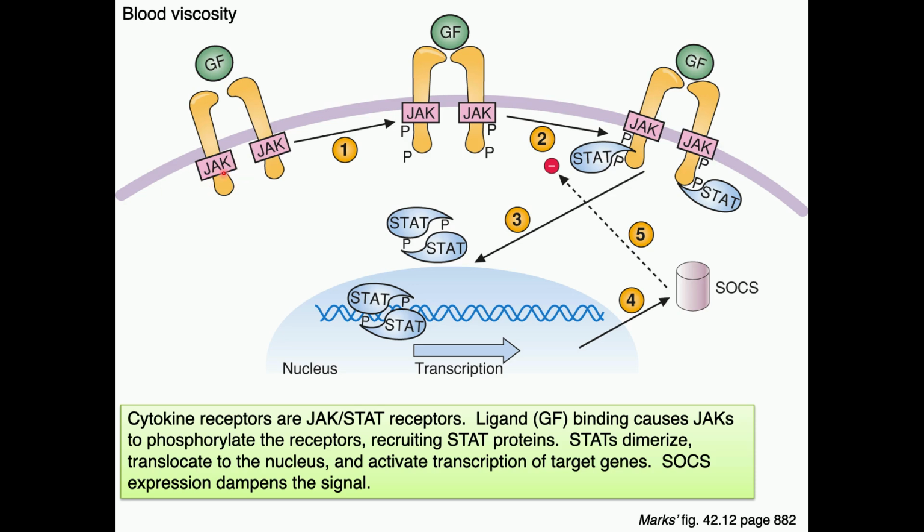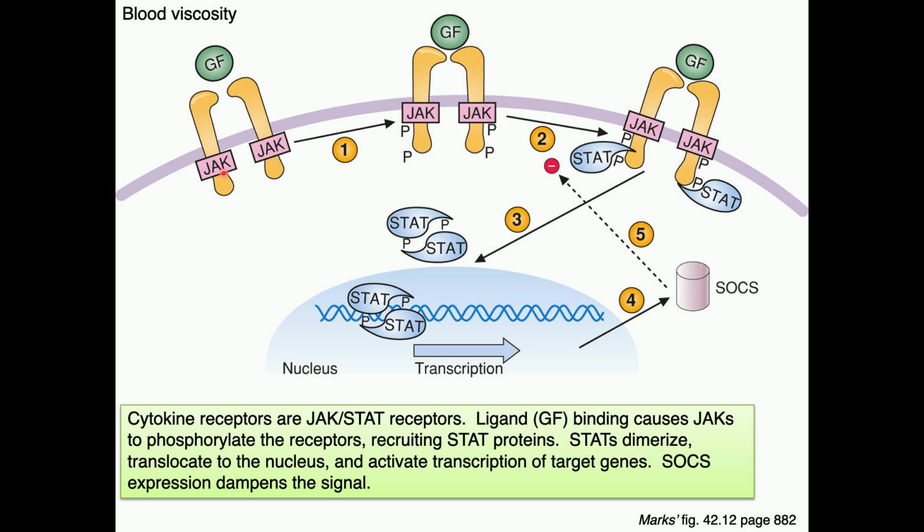There is a JAK protein, which stands for Janus kinase, that's associated with the intracellular parts of the receptor, and that acts as a tyrosine kinase that's phosphorylating multiple tyrosines on the intracellular portion of the receptor. So that's similar to a growth factor receptor or insulin receptor or what have you.